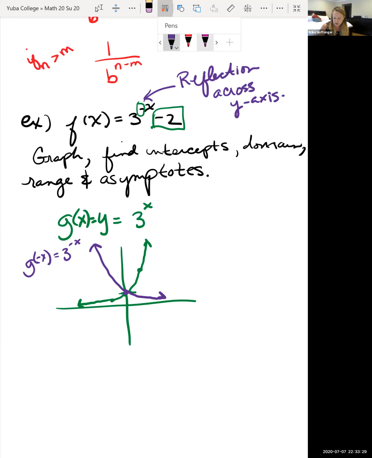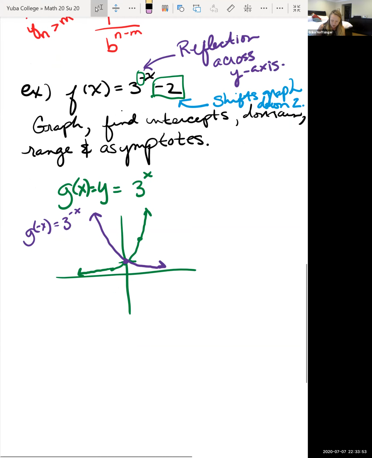And then the minus 2 outside of that, that's affecting it vertically. Vertically was always the last thing that we did when we did the transformations of the graph. And so the minus 2 shifts the graph down 2. And so I'm taking this purple graph now, which is basically g of negative x, and then minus 2, which is equal to my f of x graph.